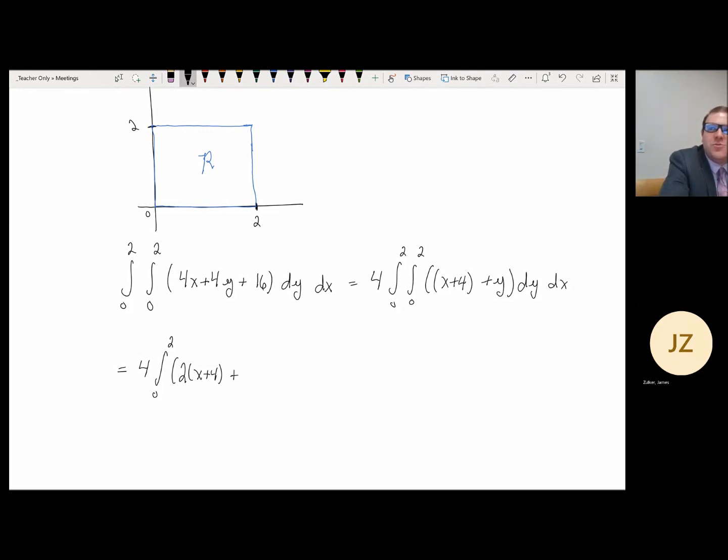Well, that's just 2. Oops. x plus 5. Yes, it does. So it's 8 times that integral.